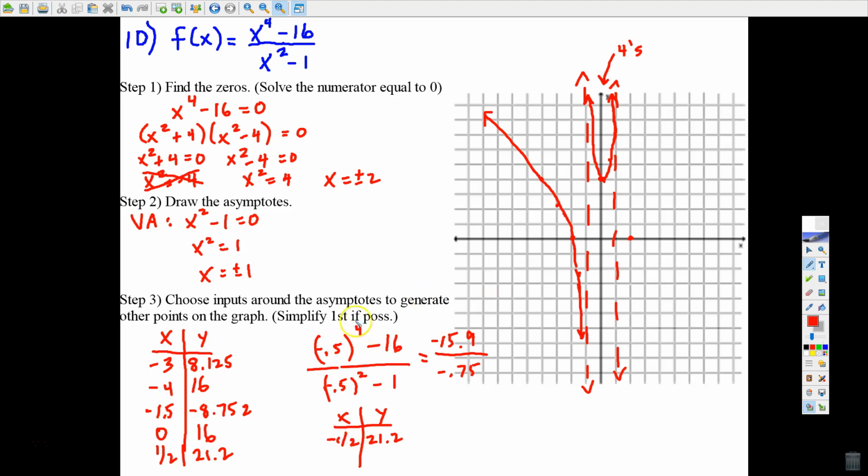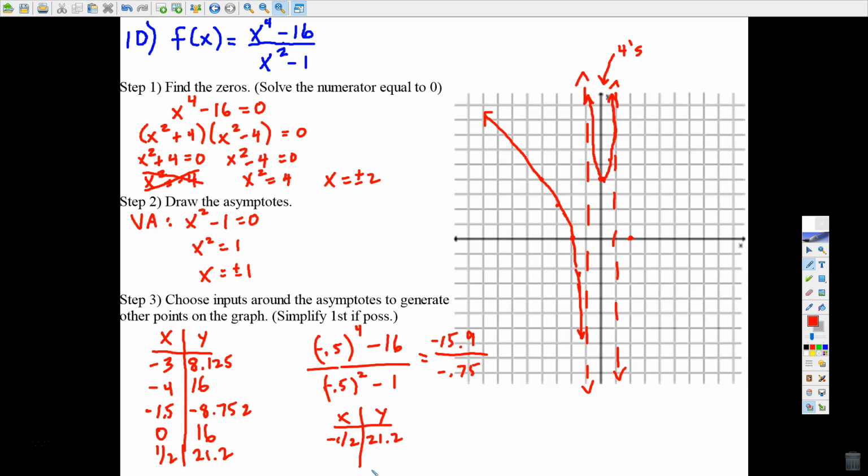Well, because of these being even exponents, that's going to be true for these inputs as well. If I just turn around and input the opposite versions of these, I'm going to get the same outputs by virtue of the fact that these are even exponents. Okay, so I'm not going to write those into my table.